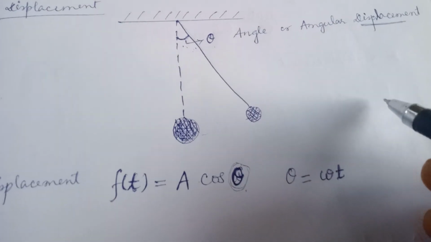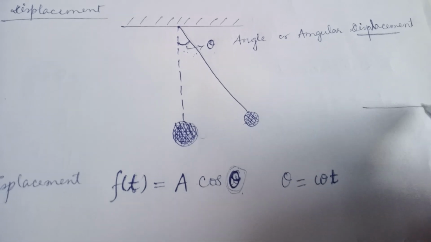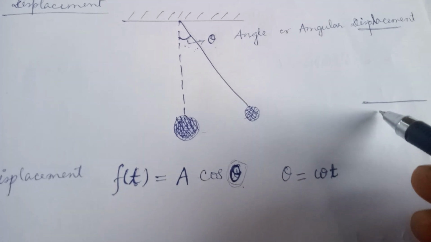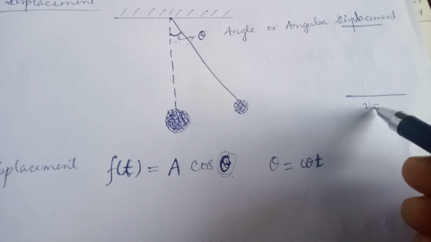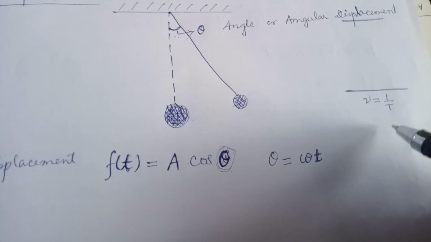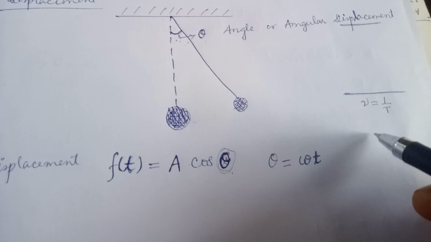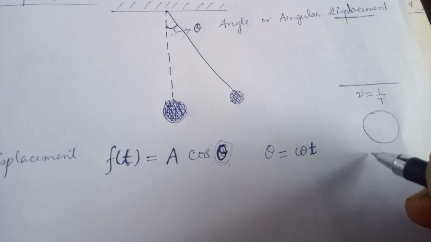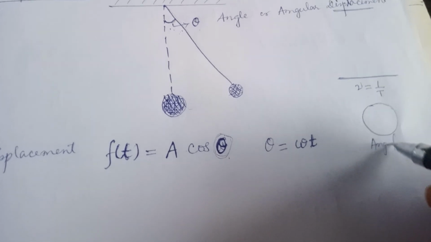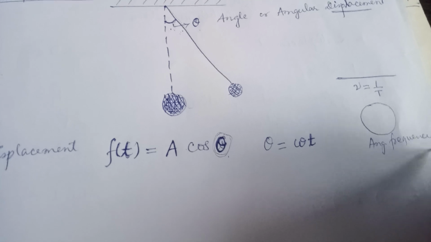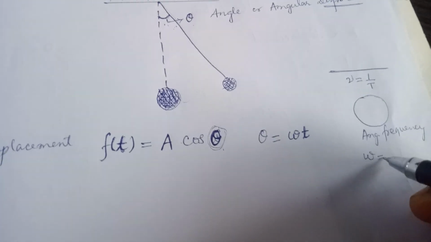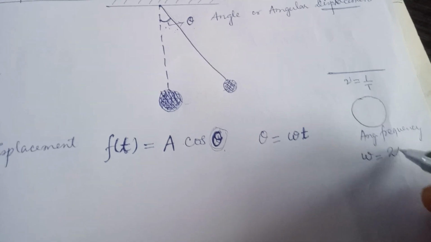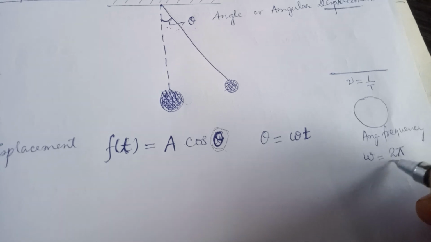When we discuss motion in a straight line, frequency is simply expressed as 1 by time period, and for circular motion, frequency is described as angular frequency, expressed by omega, and omega is equal to 2 pi by T.